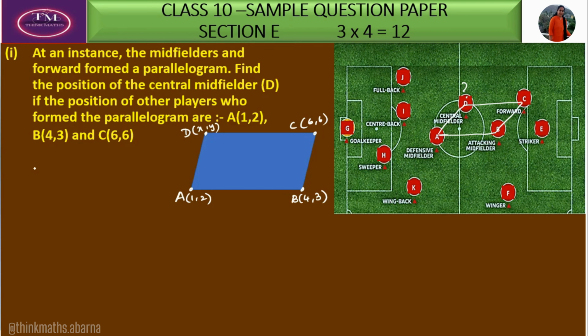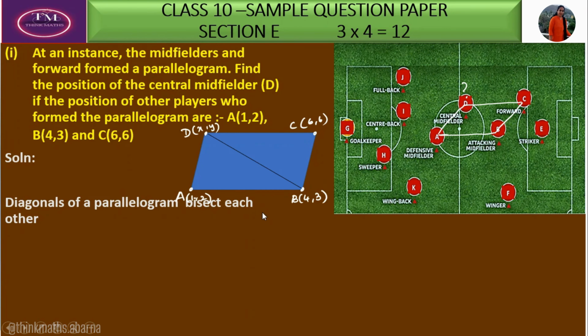So let me start the solution. What do you know about the parallelogram? In a parallelogram, diagonals bisect each other. So we know that diagonals of a parallelogram bisect each other. So let me draw the diagonals, that is join AC and BD. These two diagonals bisect each other. So this is the midpoint.